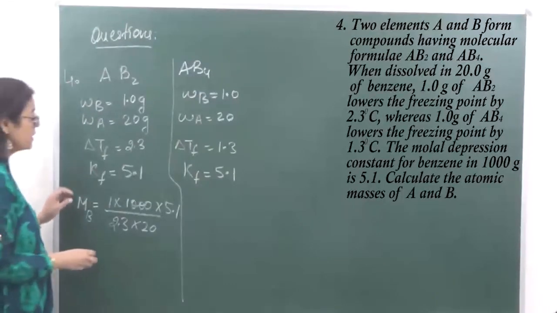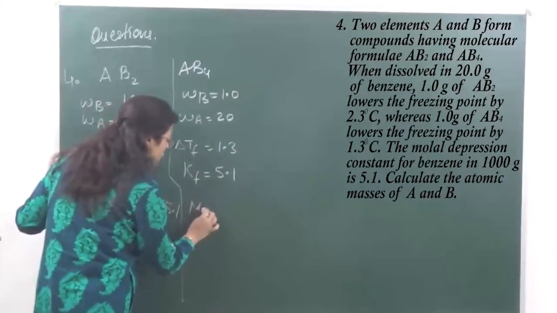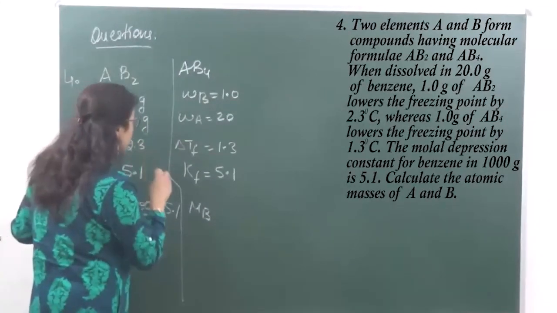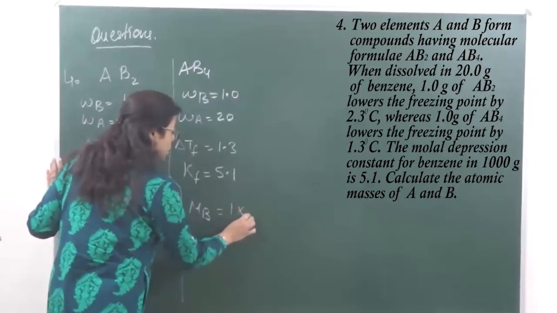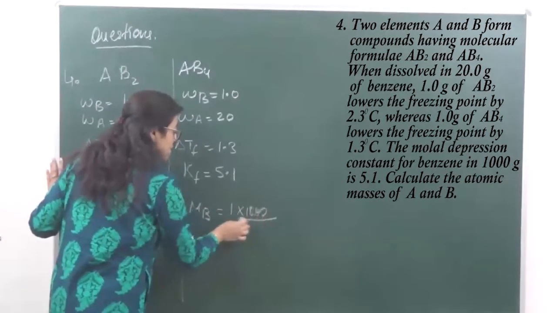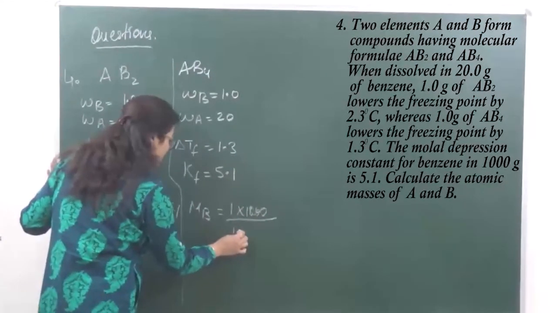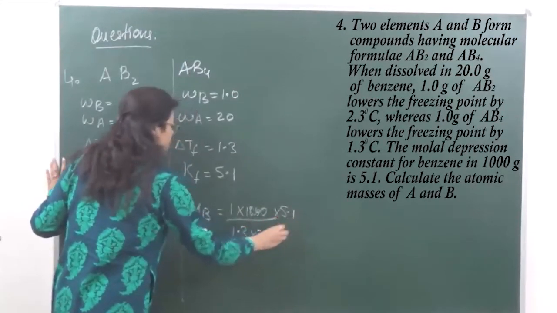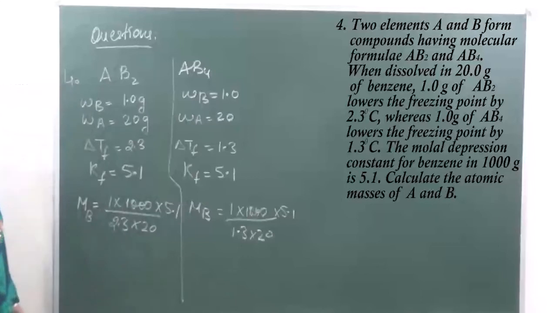Similarly, let's calculate MB over here also. So MB over here will become equal to what? Again 1 into 1000 upon 1.3 into 20 into 5.1. Right?